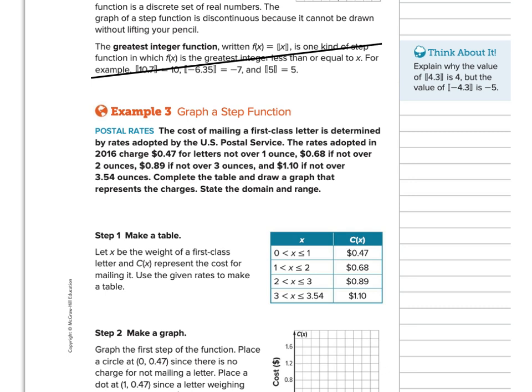Completing the table below, they said between 0 and 1 is 47, greater than 1 and up to 2 is 68, greater than 2 up to 3 is 89, and then greater than 3 up to 3.54 is $1.10.